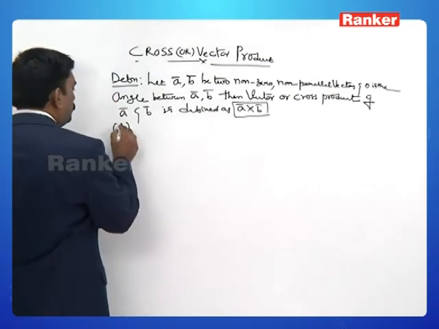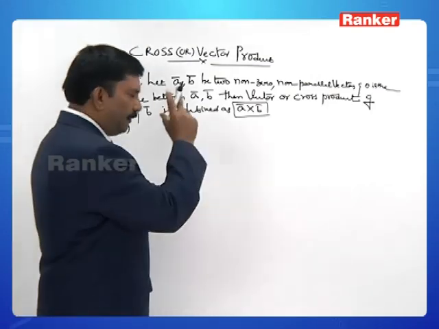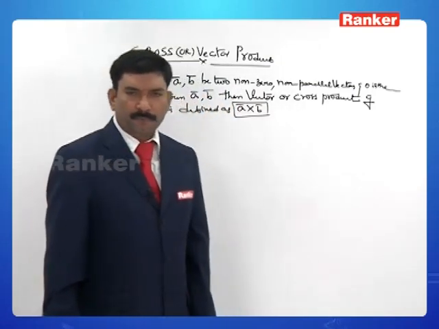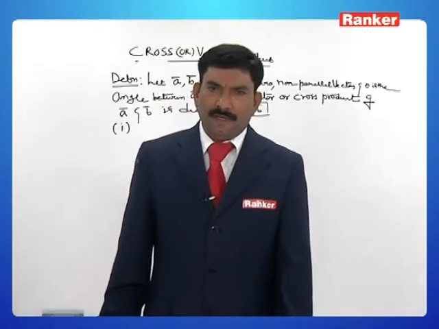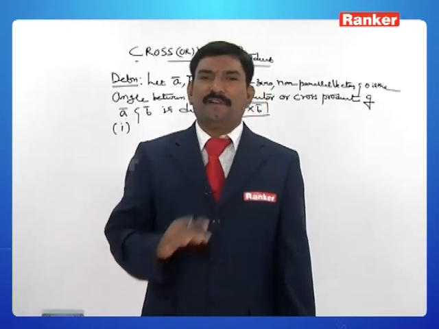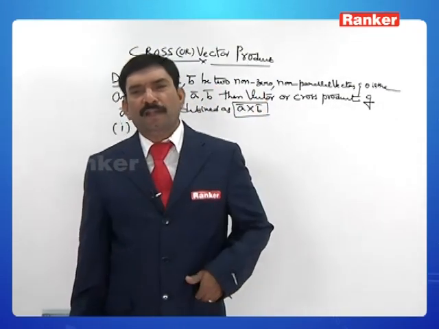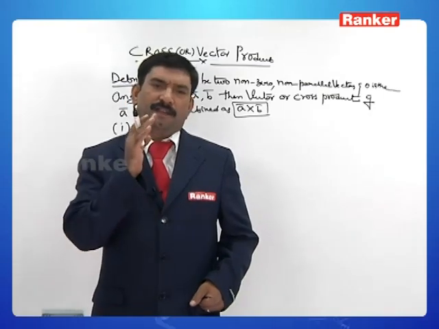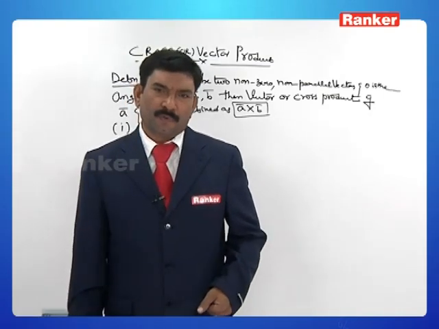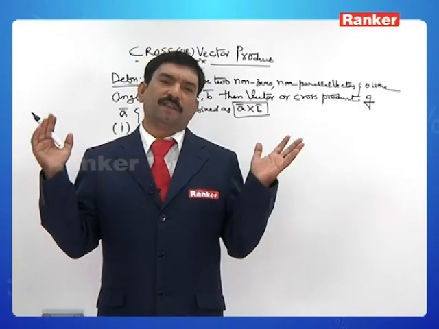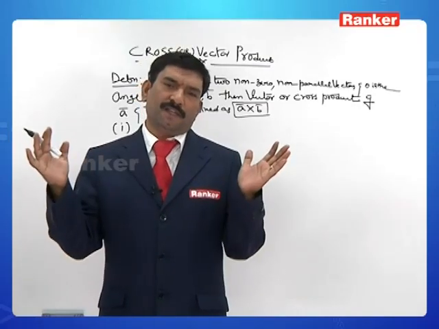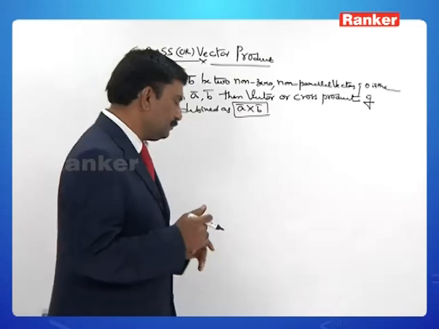First one, a vector is a physical quantity which has both magnitude and direction. What about its magnitude? What about its direction? Let us see.